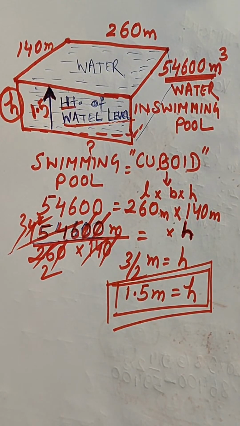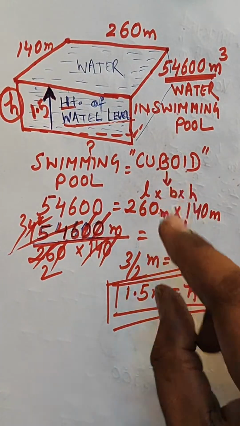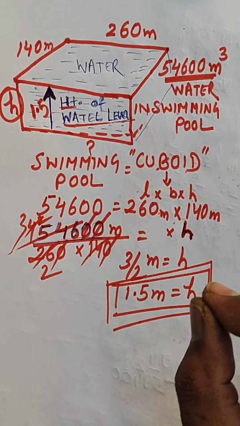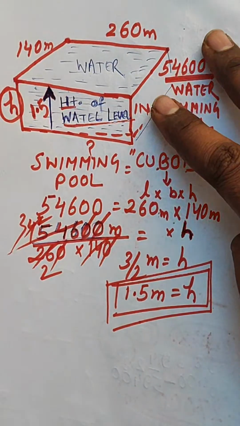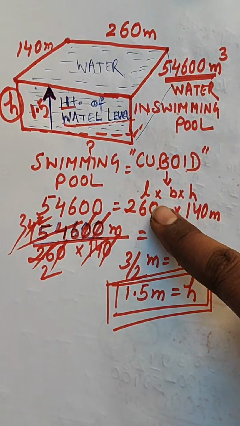For solving such questions, just correlate the solid objects that come to mind after seeing the object. Read the question very carefully, and it will be easy to understand which formula we are going to use. If it resembles the shape of a cuboid, just remember LBH is the volume.